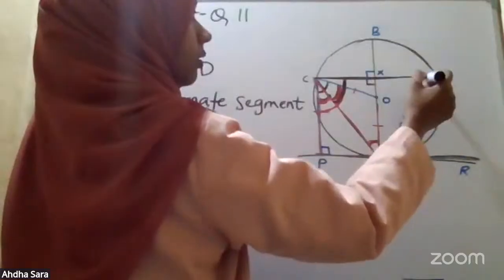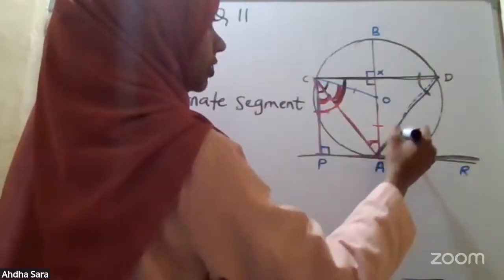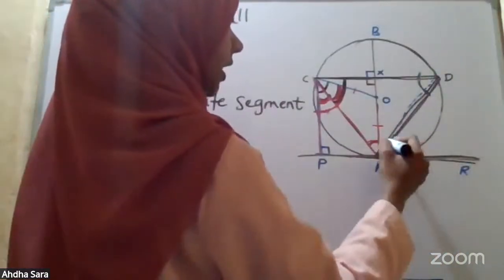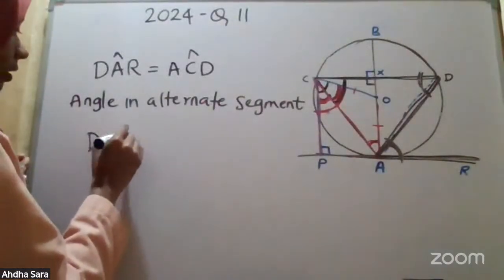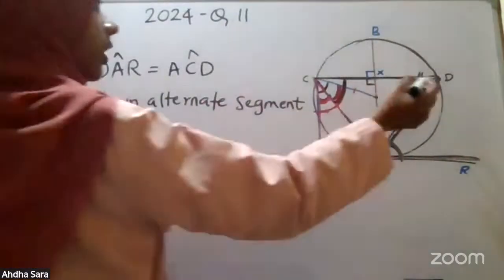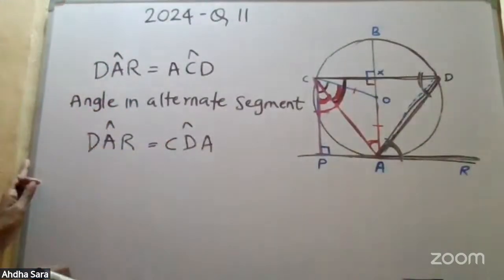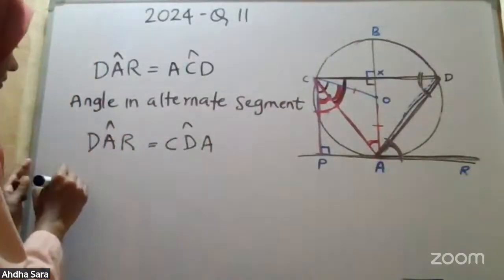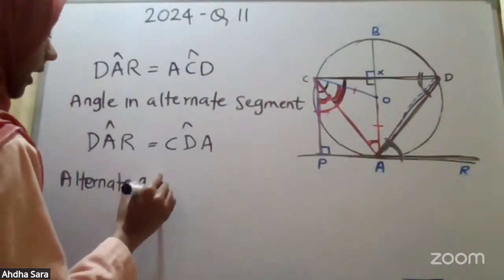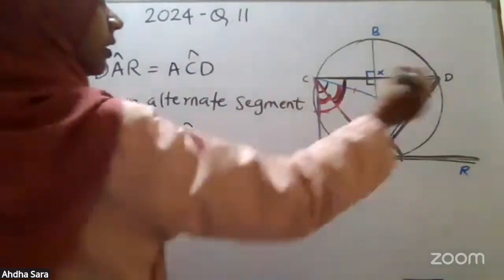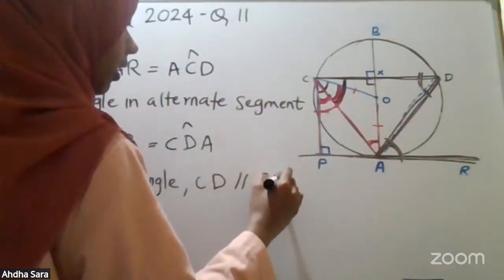So you get an alternate angle here. So DAR is equal to the angle CDA. You can write the reason: alternate angle and CD is parallel to PAR.